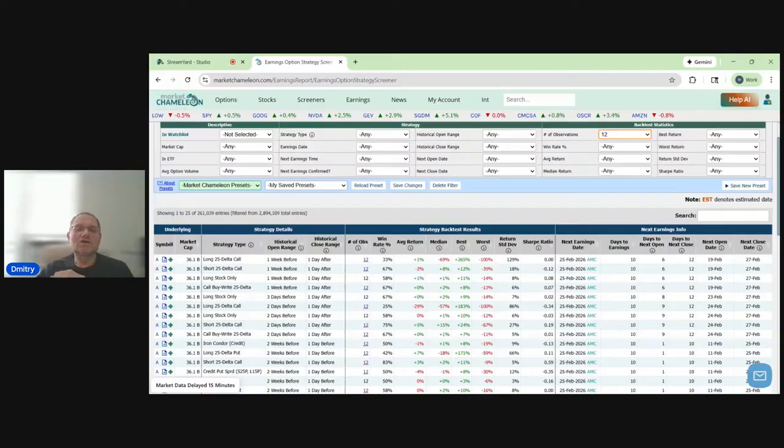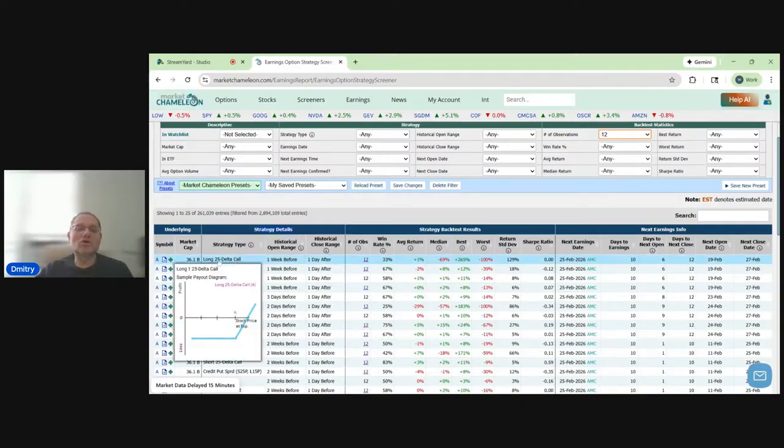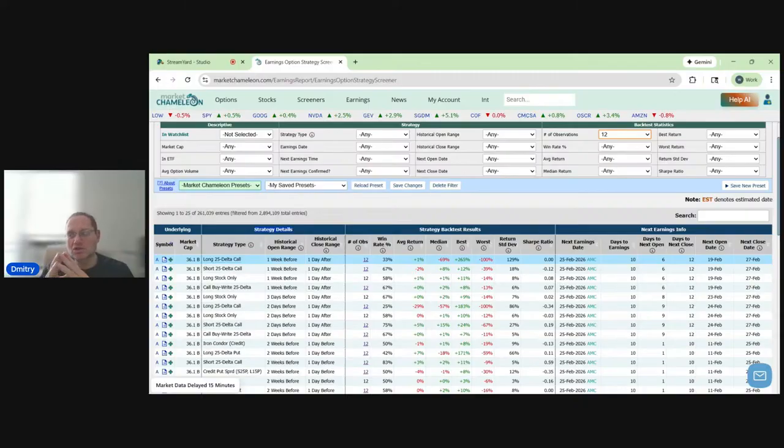Okay, so if we just looked at the first symbol here, it's a $36 billion market cap, and this defines the strategy, a long 25 delta call, and the tracking time period is starting 1 week before earnings and 1 day after earnings. So this is looking at close to close.